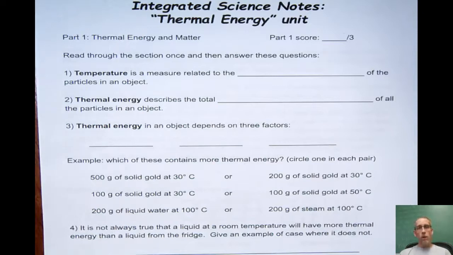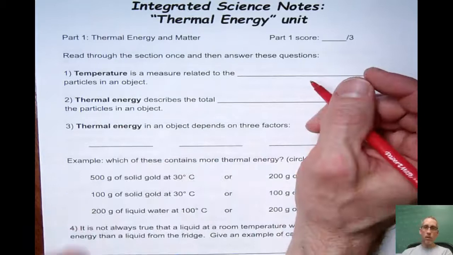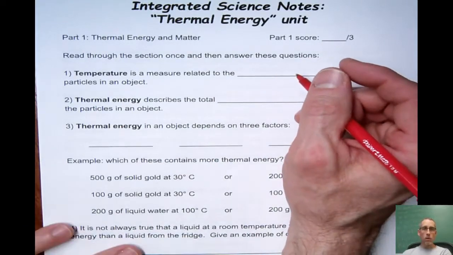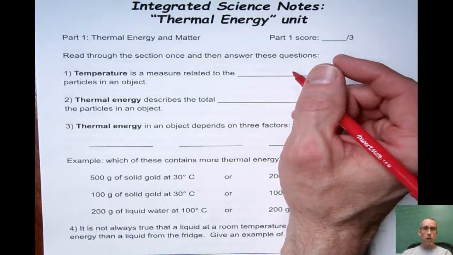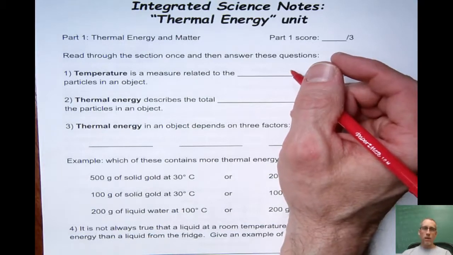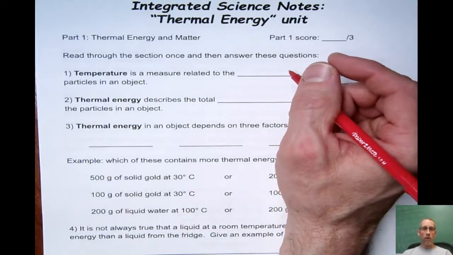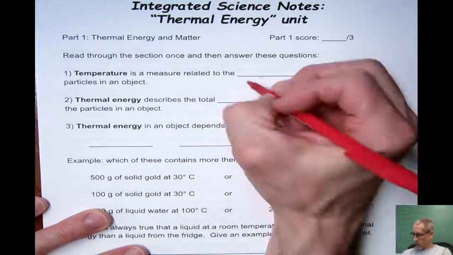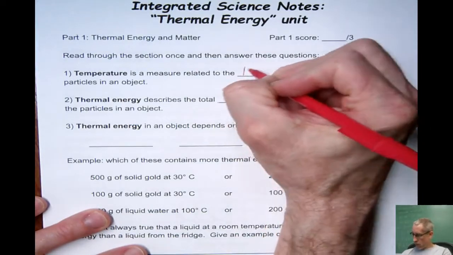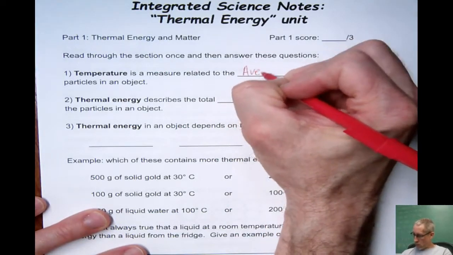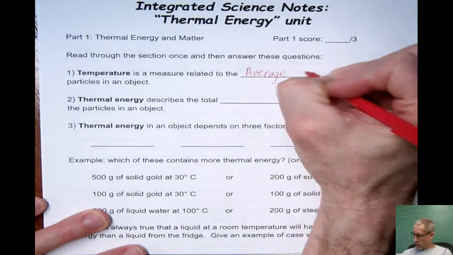So the more familiar term that you use is temperature, and temperature is just a measure that we use, and we measure it in things like degrees. In science class it would be degrees Celsius. In everyday usage we probably use Fahrenheit, but that's related to the average kinetic energy.